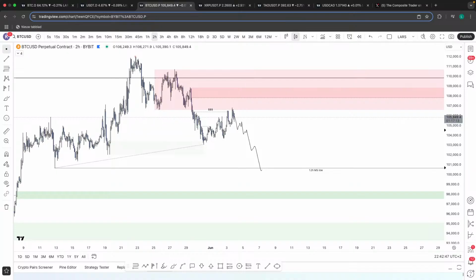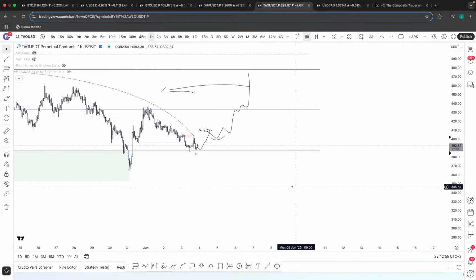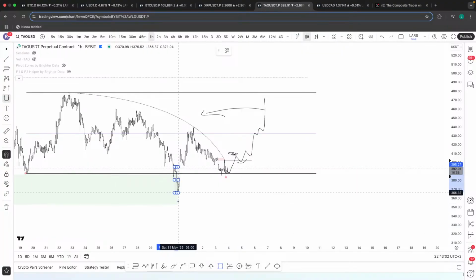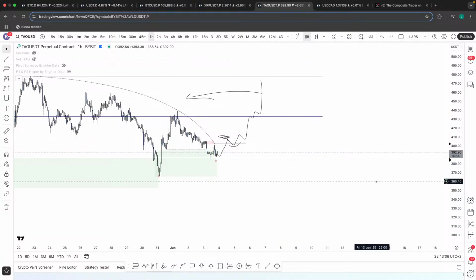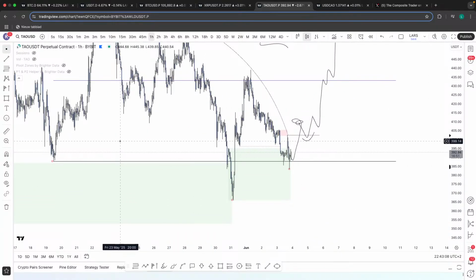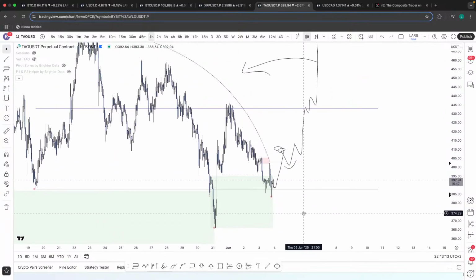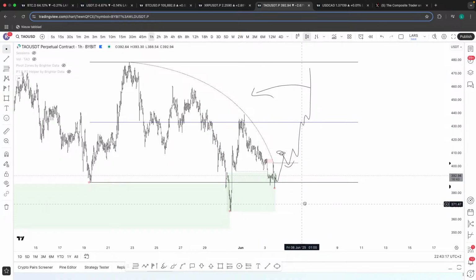Should we be watching the 3-hour order block on TAO? It's on the second tap. Yes, you can watch it, but you're already in a valid POI for a potential third tap. Because I was looking at this entire structure demand POI right here, and I also got some exclusive POI selections for third taps regarding certain variables in the model that I don't want to talk about right now.